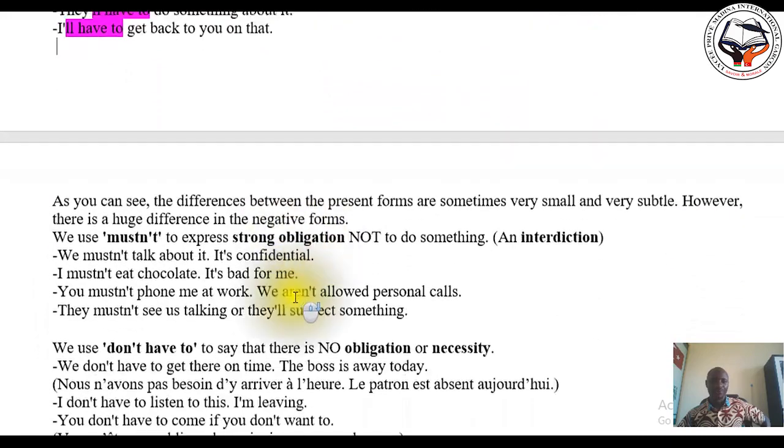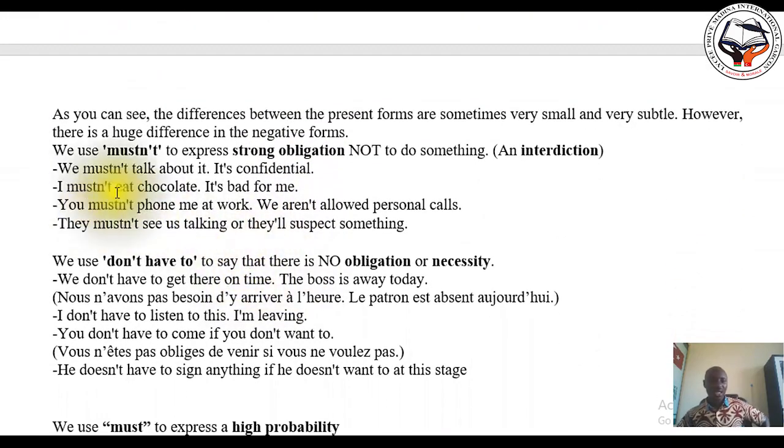As you can see, the difference between the present forms is sometimes very small and subtle.